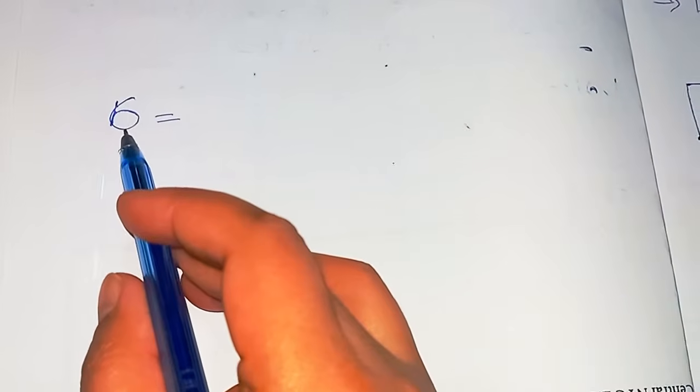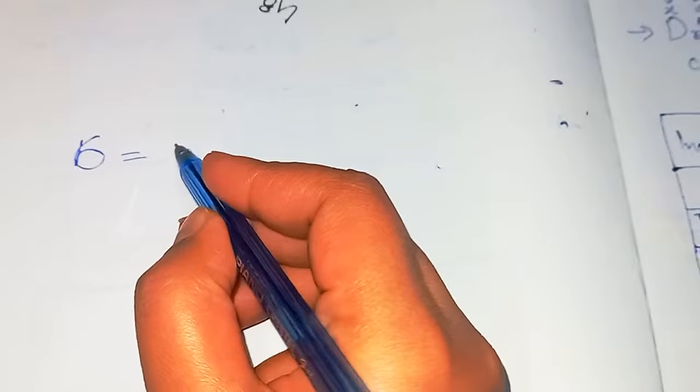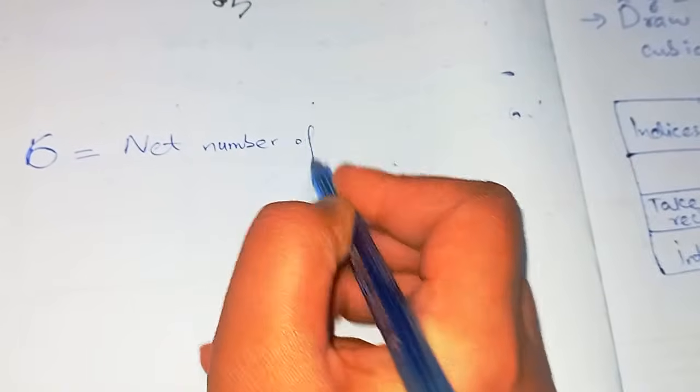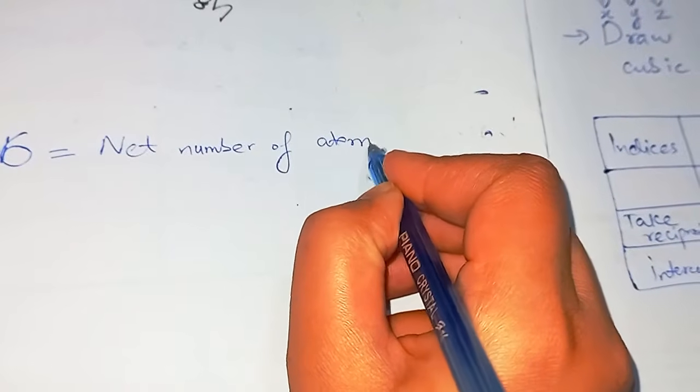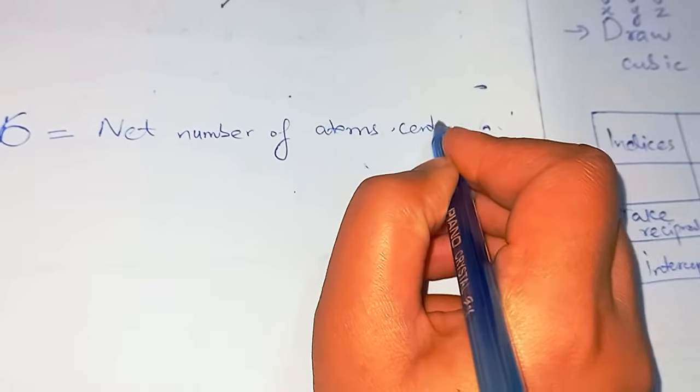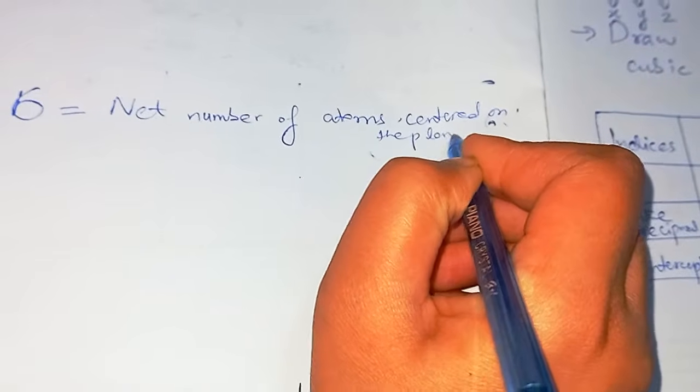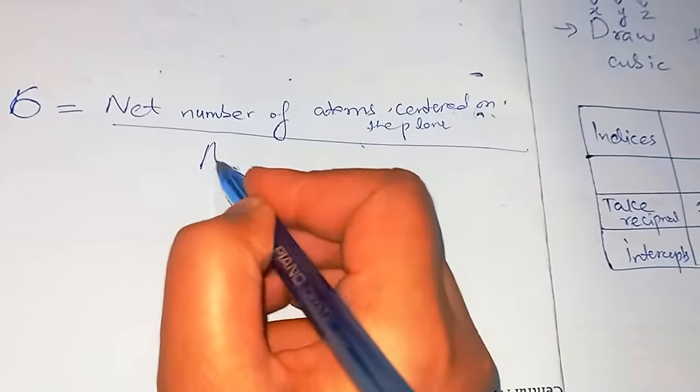Let me write it. I'm using the sigma sign to represent planar density, that is equal to the net number of atoms centered on the plane divided by the area of the plane.